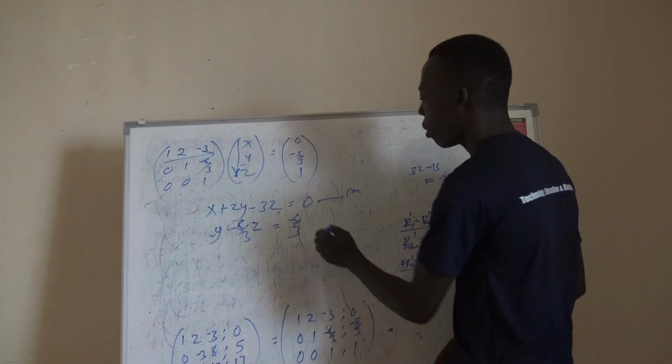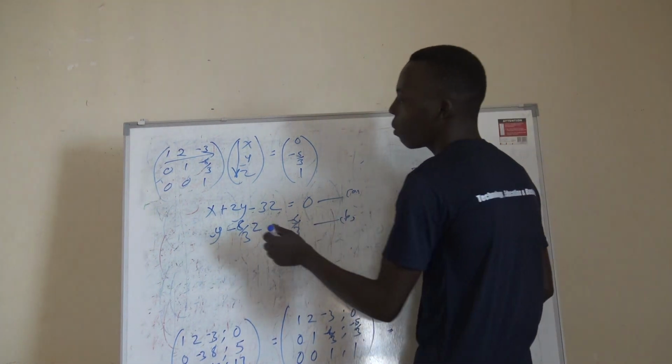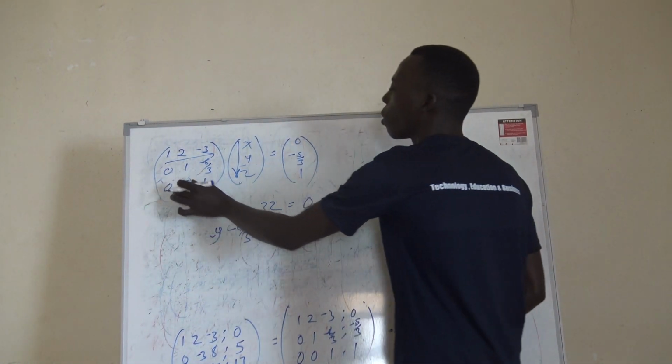So after getting that one, call it equation B. Then from there, now continue with this.